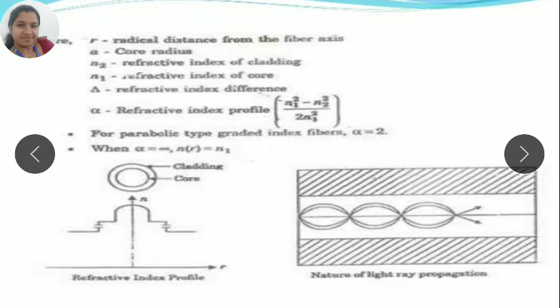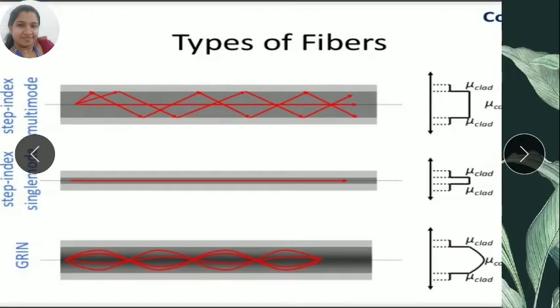Step index fibers can be single mode or multimode, but graded index fibers are always multimode in nature. So we can compare the three types of fibers.